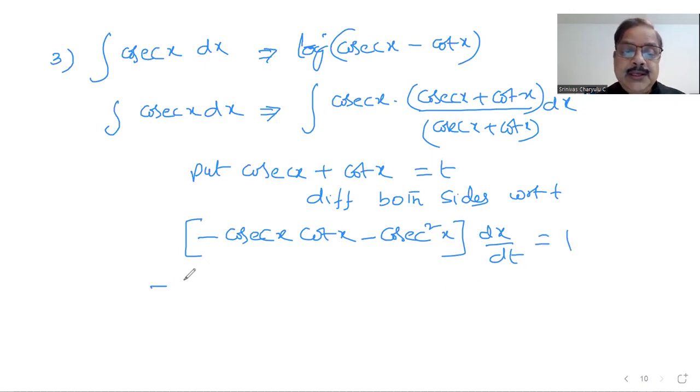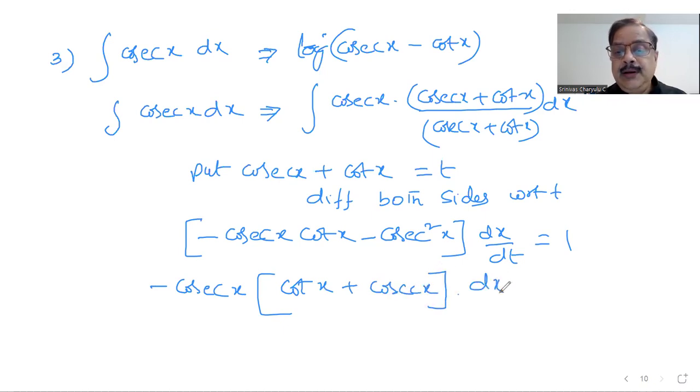Take out minus cosecant x common. You are left with cot x plus cosecant x, dx by dt. Or minus cosecant x, just rearrange, because here on top you observe cosecant x into cosecant x plus cot x. You can write even, doesn't matter, like this also.